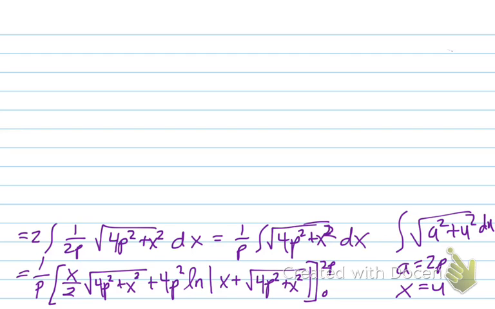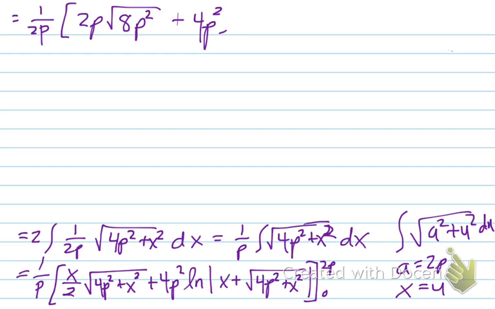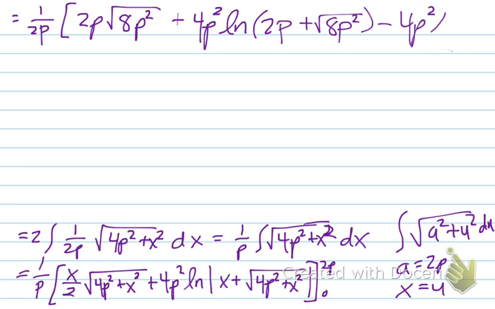All right, if I plug in those, this simplifies to 1 over 2p times 2p square root of 8p squared plus 4p squared ln of 2p plus square root of 8p squared minus 4p squared ln of 2p.